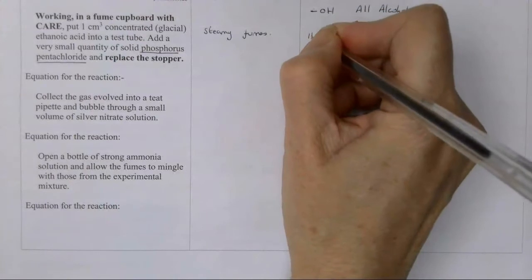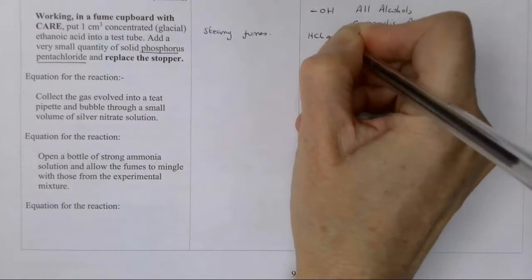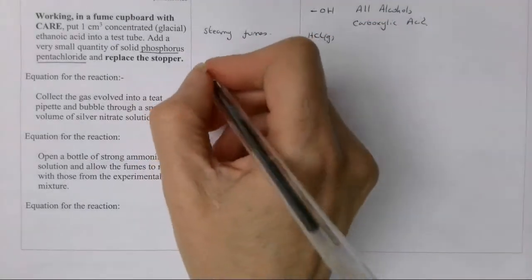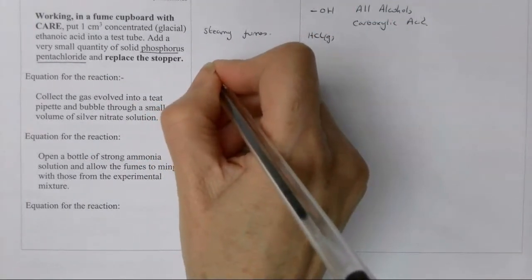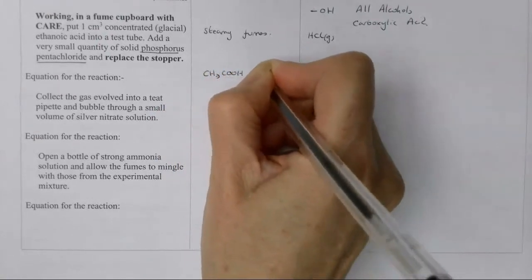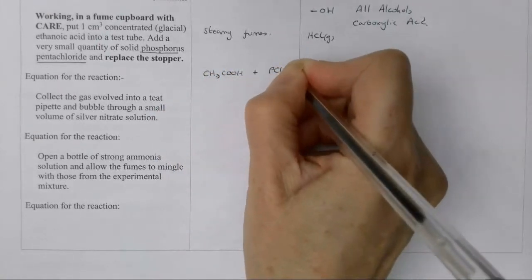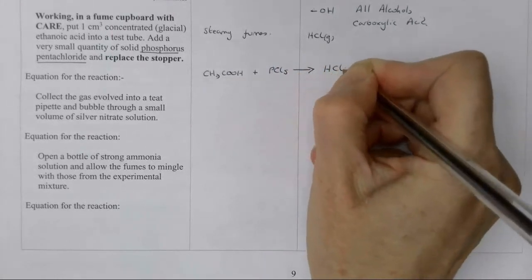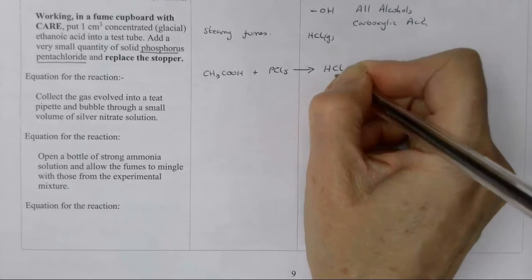What you can deduce from that is you've got HCl gas, hydrogen chloride gas, being produced. Okay, so what happens there is you start with your ethanoic acid, CH3COOH, you react that with the PCl5, and you get HCl, that's what you're seeing as the steamy fumes.